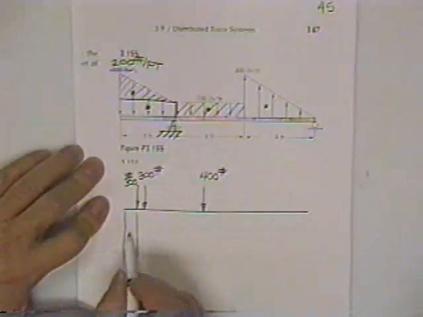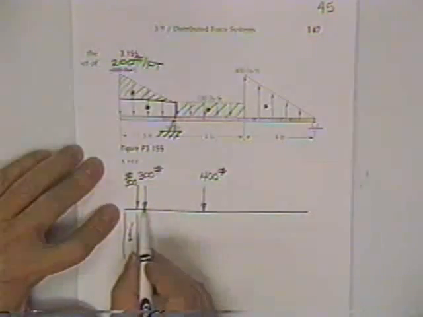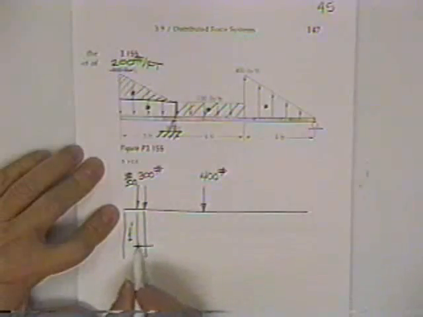This distance right here would be 1/3 of 3 feet, so that's 1 foot. This one is in the middle of that 3 foot piece, and so it is 1.5 feet over, so that would be 0.5 feet.